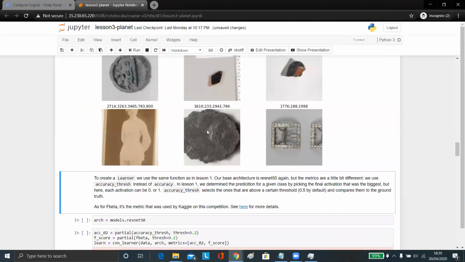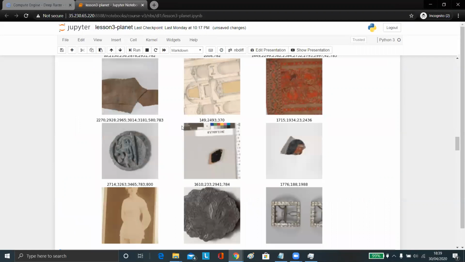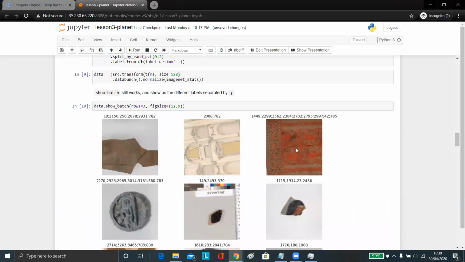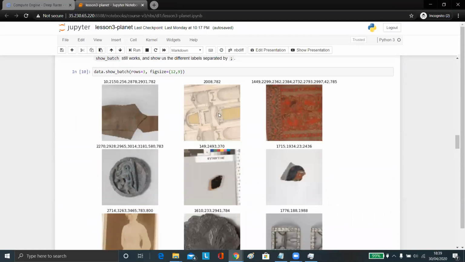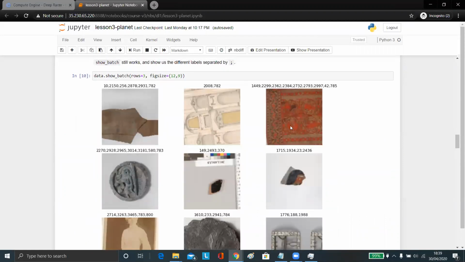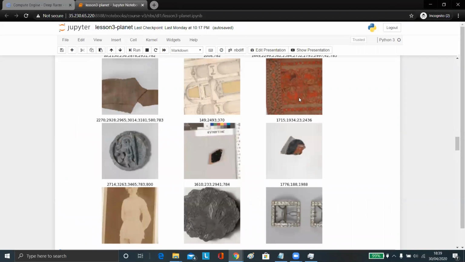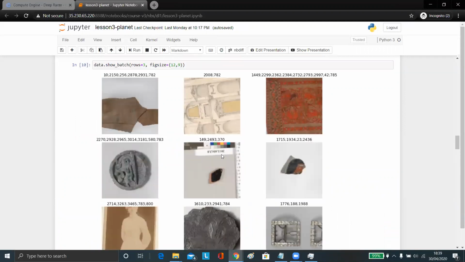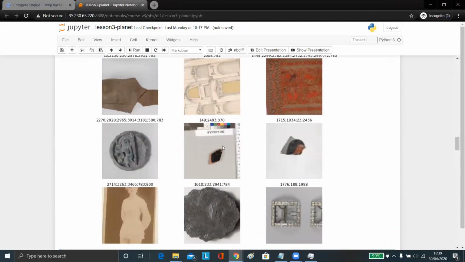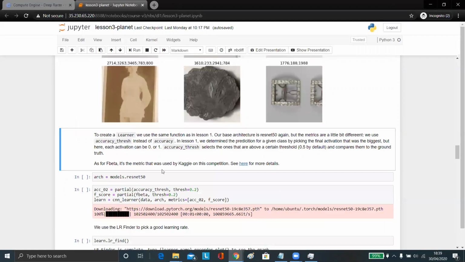These all look like bits of artwork of varying quality. You can see these pictures have been sort of arbitrarily skewed a little bit, so it looks like the transformations are working, and none of the imagery looks completely nonsensical.